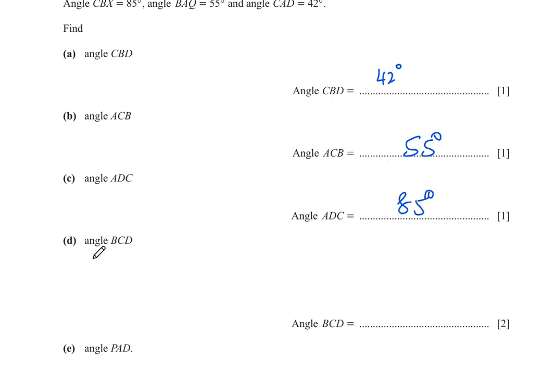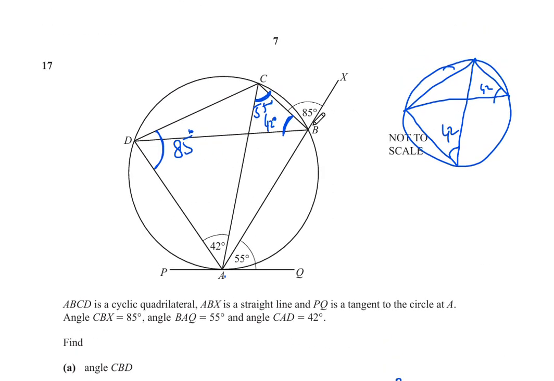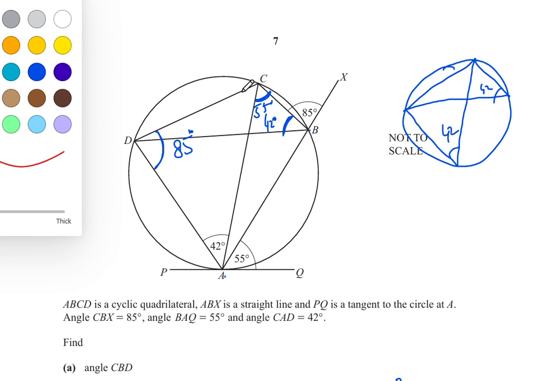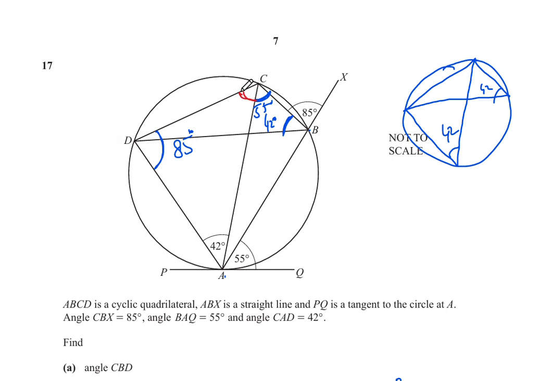The next one, you should calculate the angle BCD. So BCD, the whole angle you should find out. So already you know this angle. So first you need to find out what this angle is. For that you can take this triangle. When you take this triangle, the sum of all the angles in the triangle is equal to 180, no? So 180 minus 85 plus 42.